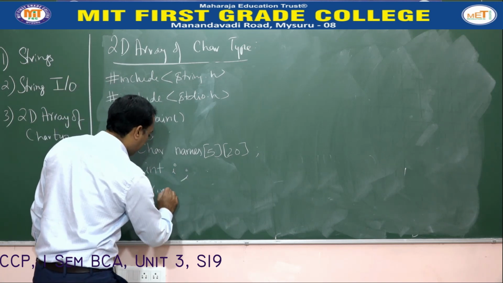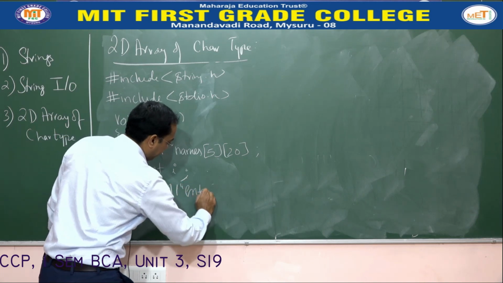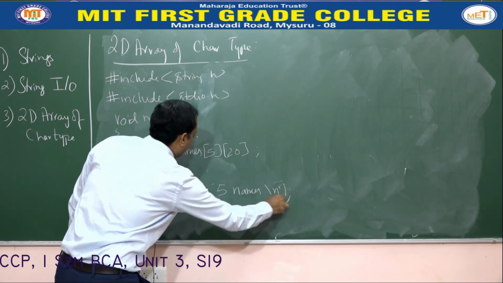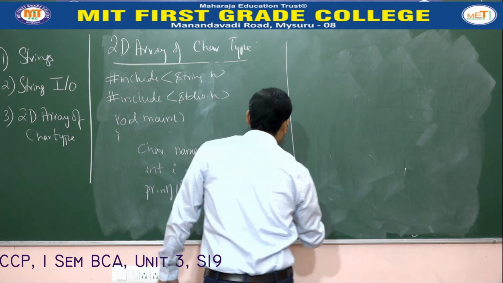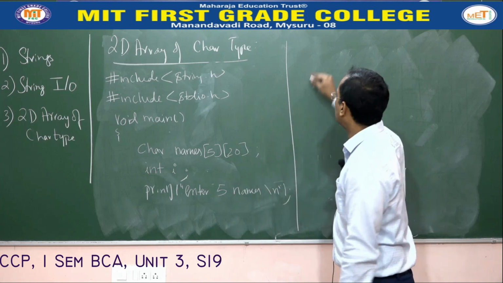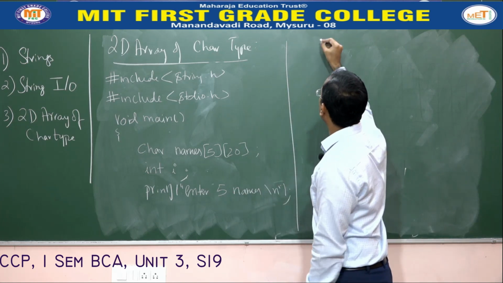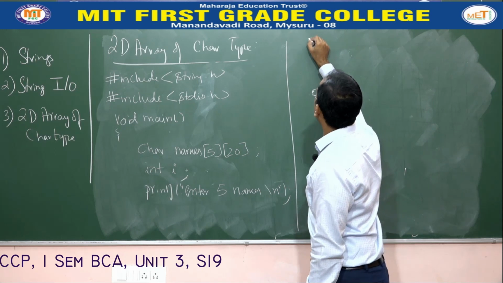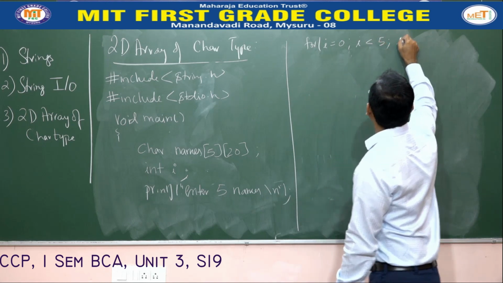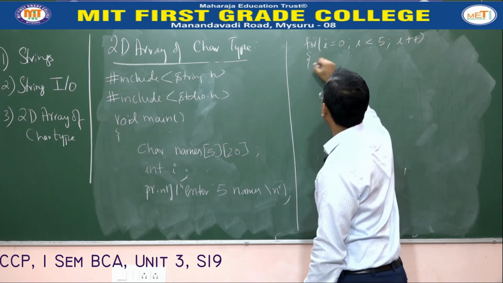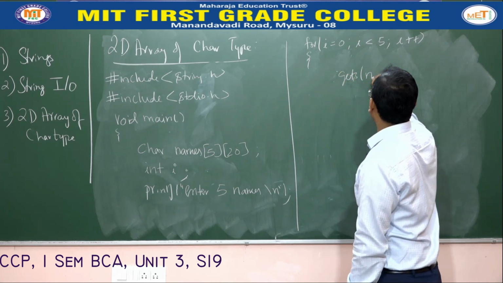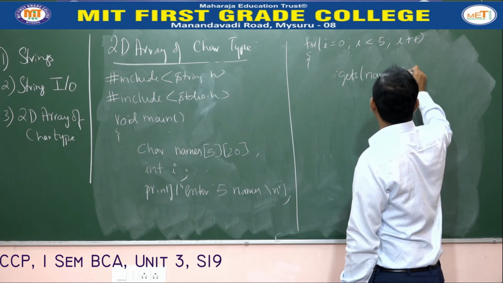Now printf enter 5 names. We can generalize it by accepting a number n, however we are just limiting to 5 for simplicity. So for i equal to 0, i less than 5, i plus plus, we'll use gets names of i.